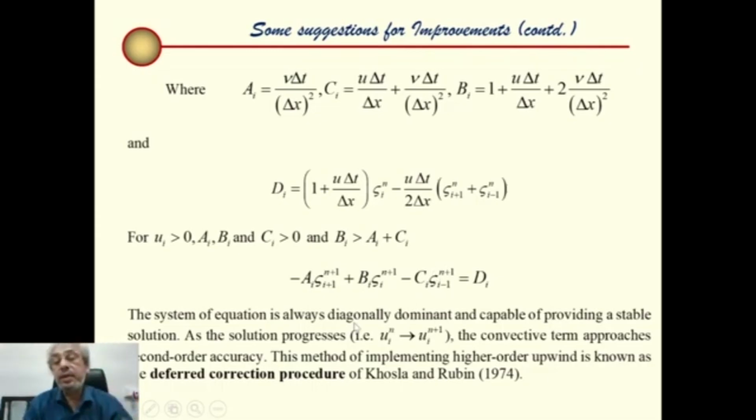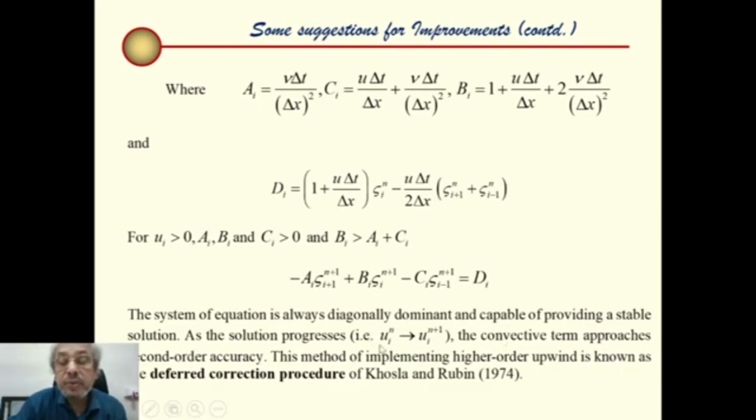So we'll get a tridiagonal matrix. Remaining terms will be 0, and by solving this we'll be able to know zeta_i at the next time level. The system of equations is diagonally dominant and capable of providing a stable solution.